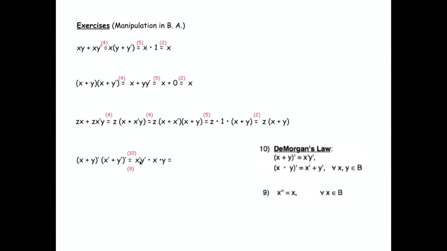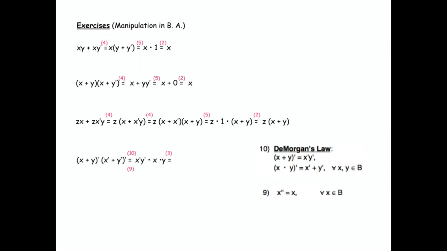For shorthand, when you see two elements next to each other, the dot is implied, the and is implied. I should have put in the dot everywhere, but in many slides you'll see the logical multiplication omitted, but it's there.